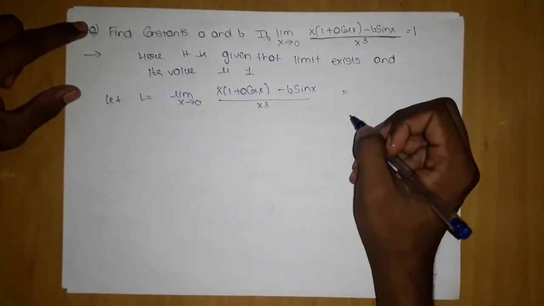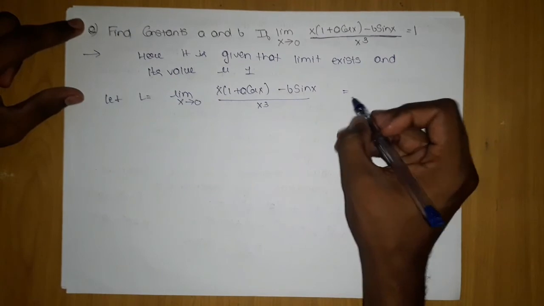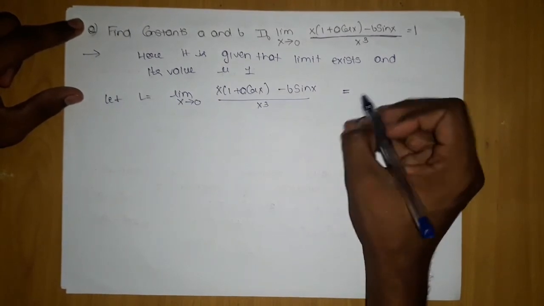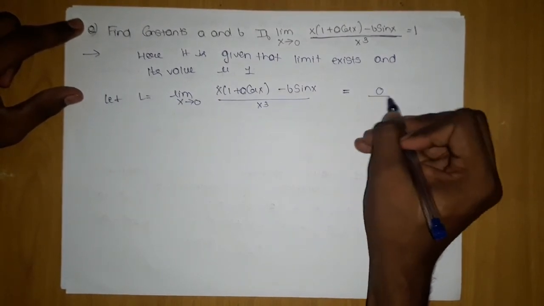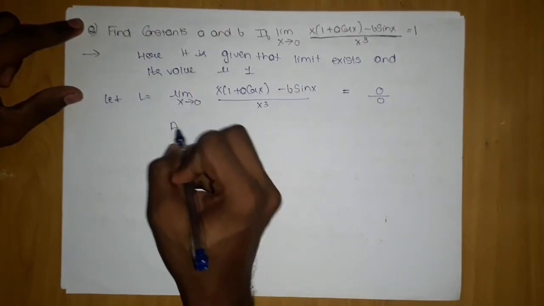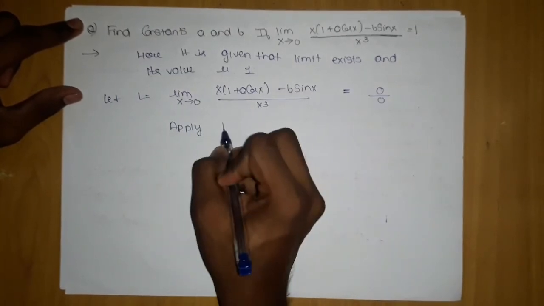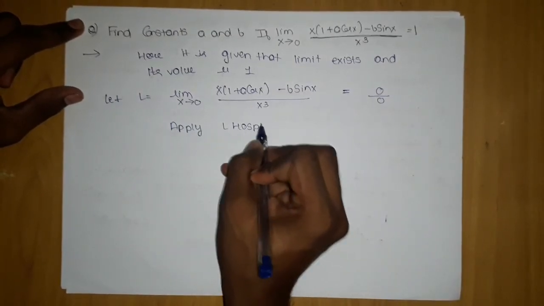If I solve this, if I put the values, this will become 0, this will become 0. I have 0 by 0, which is an indeterminate form. Apply L'Hopital's rule.